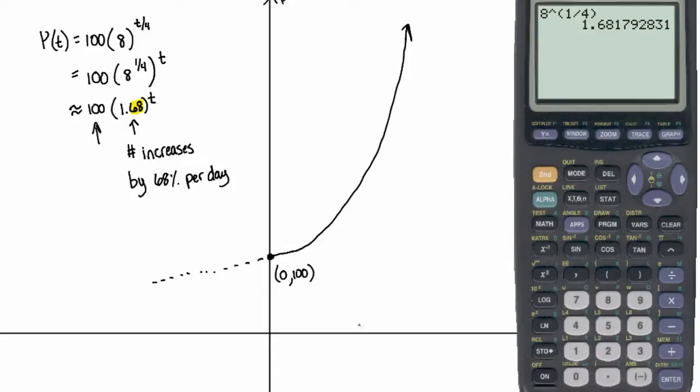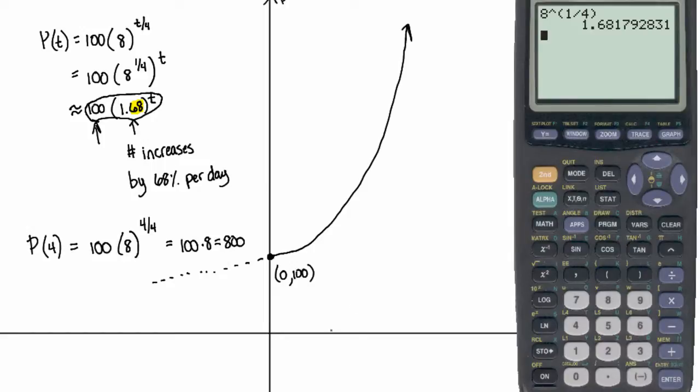Now, I would like to graph another point, so you could choose a value for t. Now, like I said, I wanted to write this form out here just so we can get an idea of what the graph looks like. But in reality, I'm probably just going to choose t equals 4. If I choose t equals 4 in the original function without all my manipulation with a calculator, I get 100 times 8 to the 4/4 power, or in other words, just 100 times 8, which is 800.